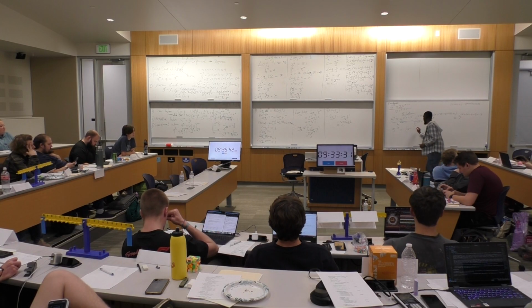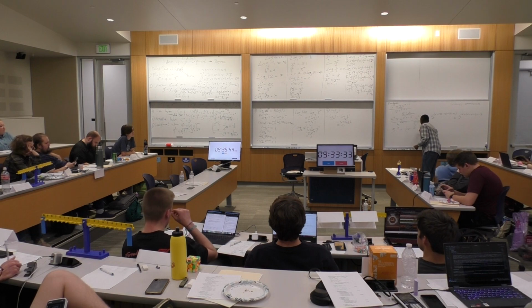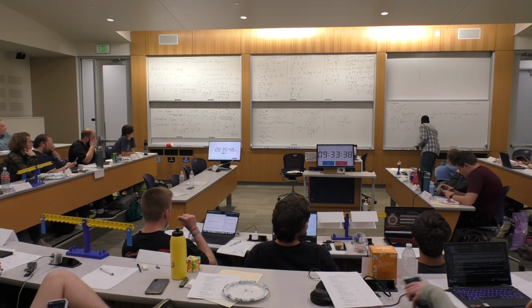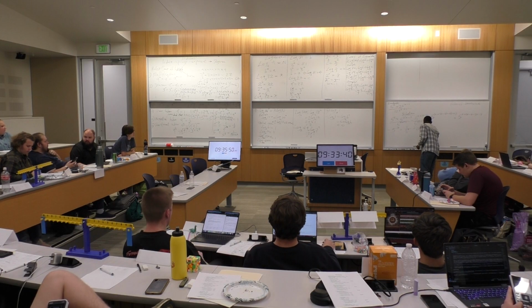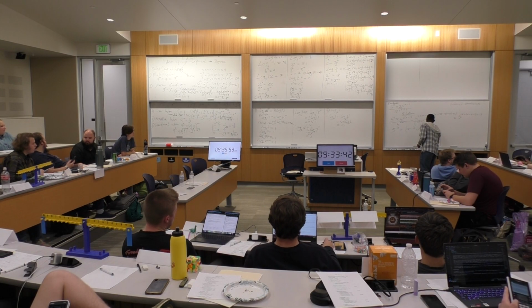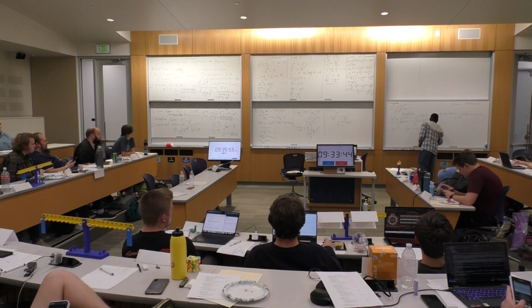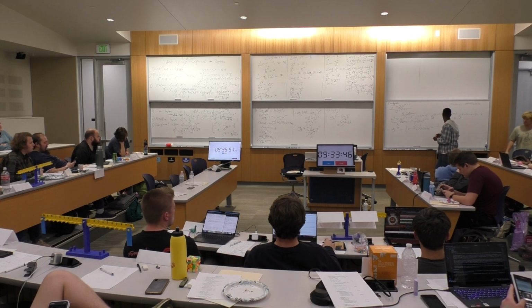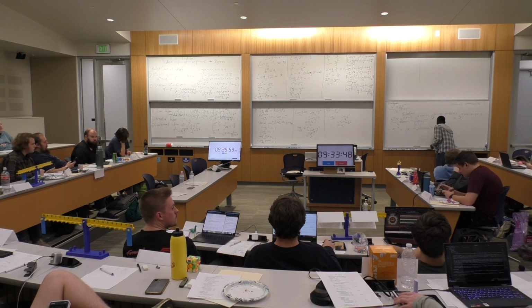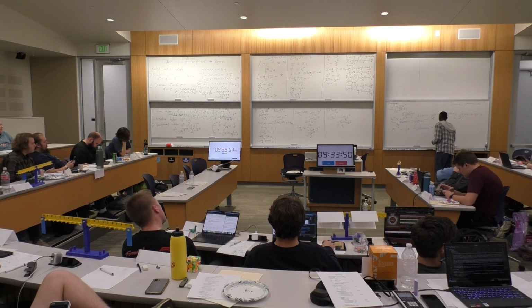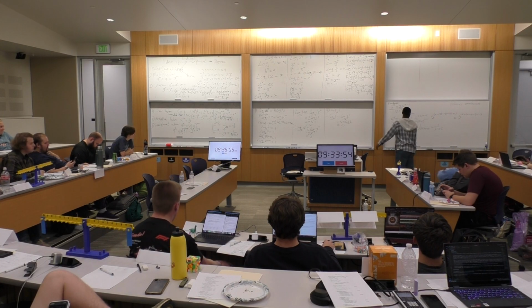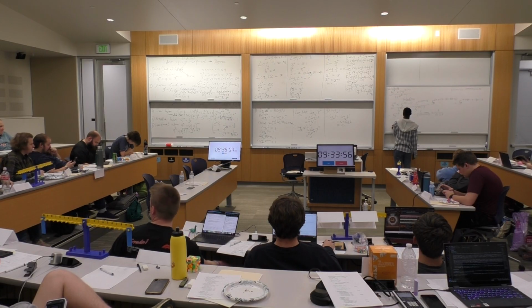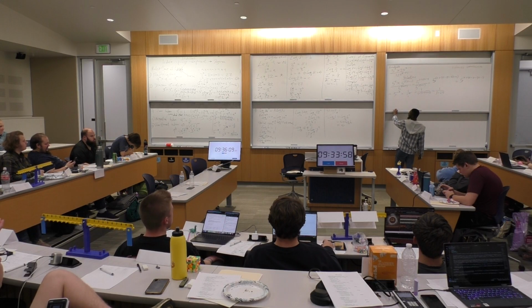So this is 1 over 5 times 5 times 5 times 5 times 5, which is equal to 1 over 3,125. Correct. So this is the first example.